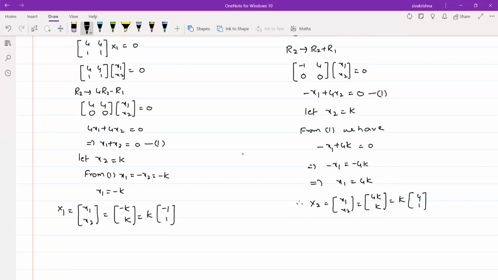This is the second eigenvector corresponding to the second eigenvalue, that is lambda is equal to 6. In this way, we can find the eigenvectors corresponding to the given eigenvalues. This is an example problem, which is a 2 by 2 matrix. We can also find eigenvalues and eigenvectors for a 3 by 3 matrix also. Right. Thank you.